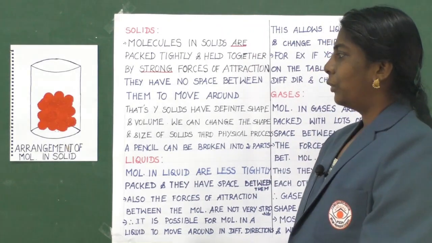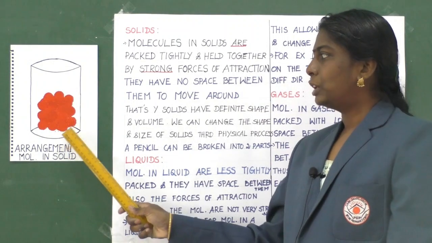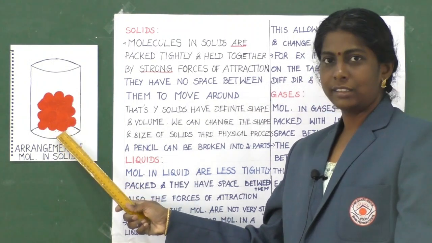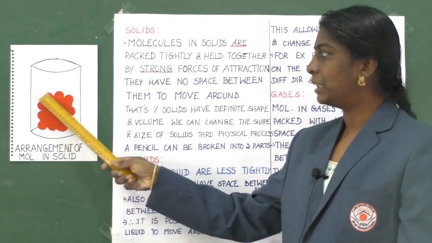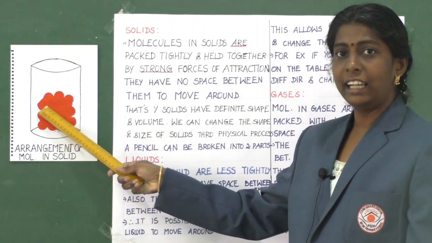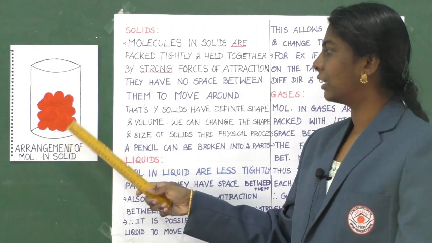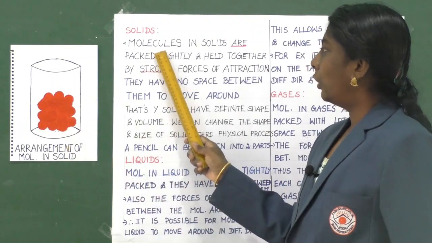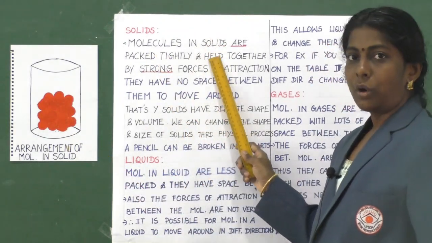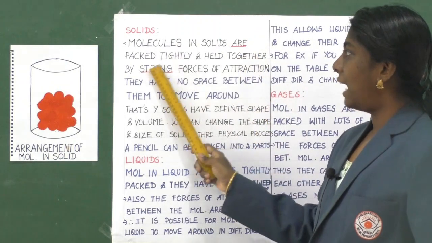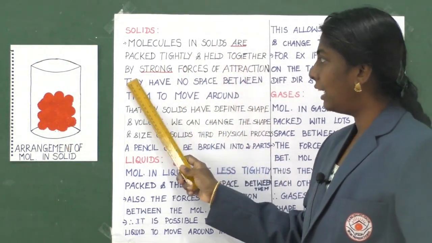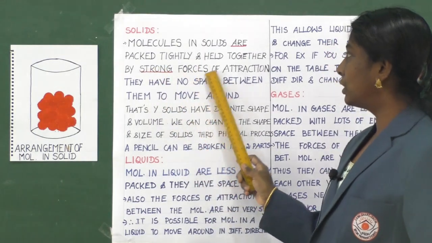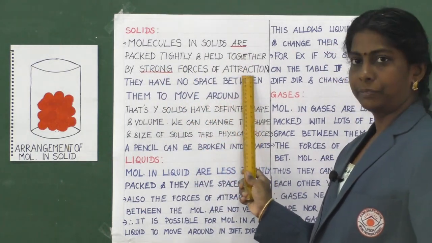So you can see the arrangement of molecules in a solid. How is it? The molecular arrangement is tightly held together. Is it not? Yes. Molecules in solids are packed tightly and held together by strong forces of attraction.